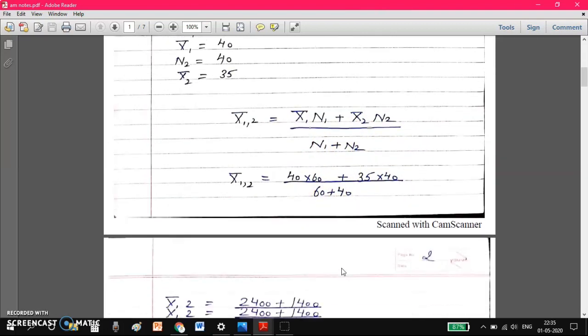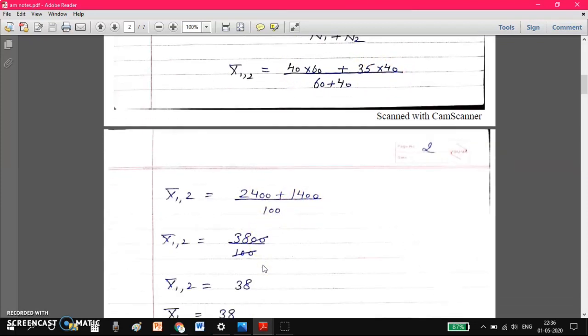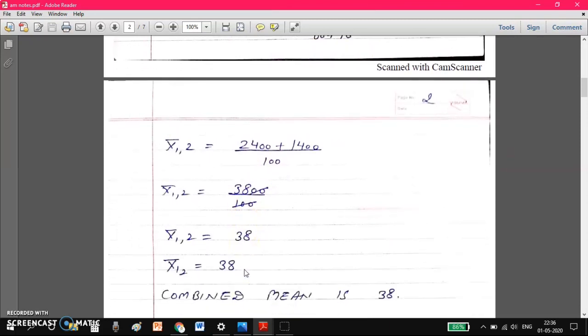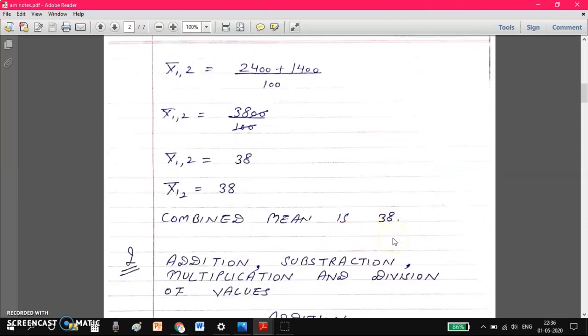After multiplying 40 by 60 we have 2400, and after multiplying 35 into 40 we have 1400. We'll add them, it will come to 3800, and after adding 60 plus 40 we have 100, and after cutting, the combined mean will be 38.